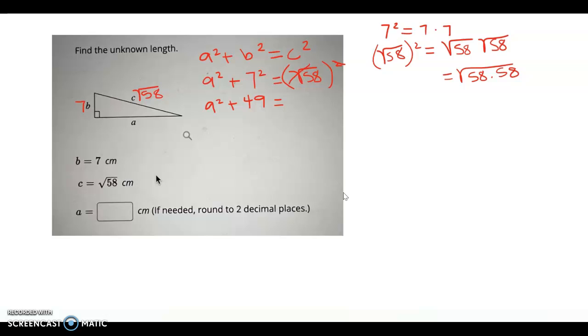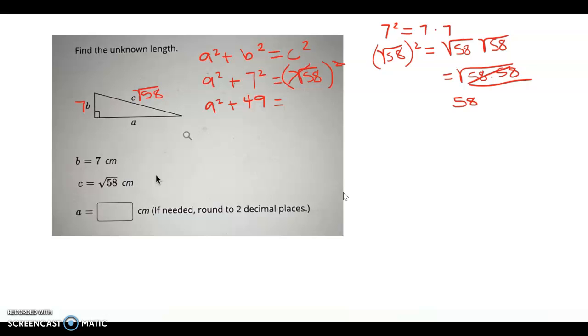Well, by definition, if we have a number times itself, those two cancel. We have one left on the outside. So the square root is looking for what number times itself equals this. And so in this case, it would just be 58.